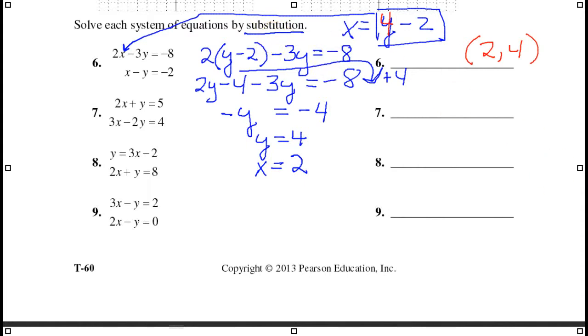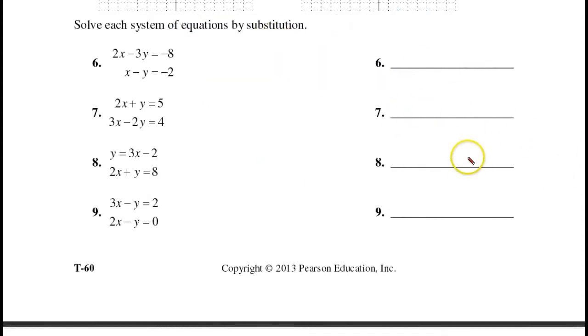Okay, we're not going to do every single one because I want to just show you the process here. So let's do number 8. So number 8, they already solved it for the letter y. So here we're going to go 2x, and this value of y is going to go right there. 2x plus 3x minus 2 equals 8.